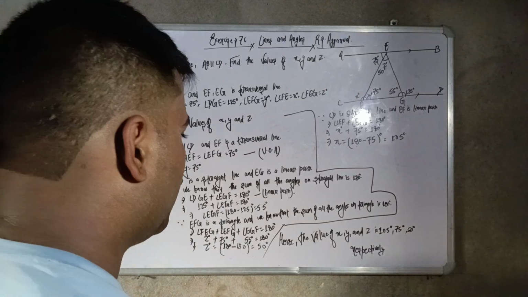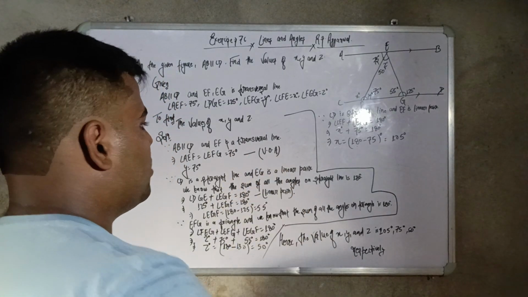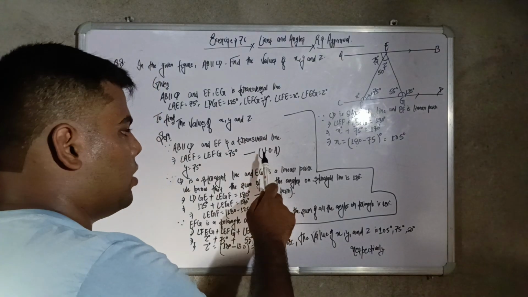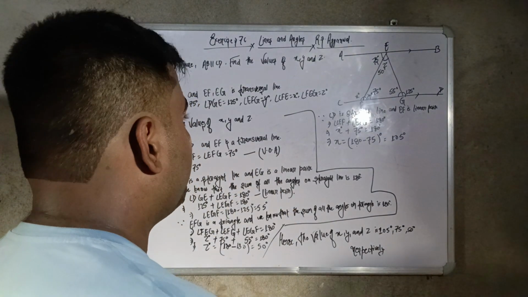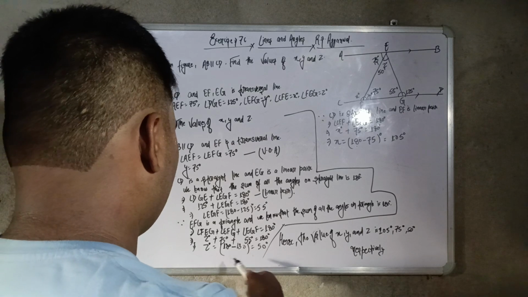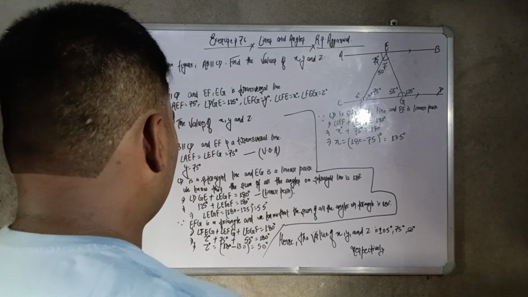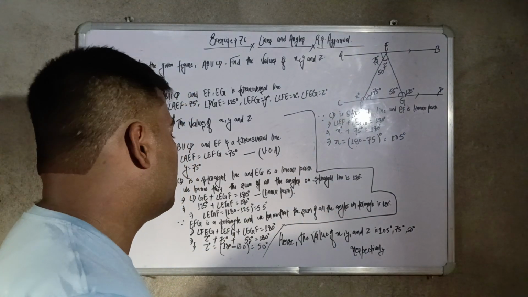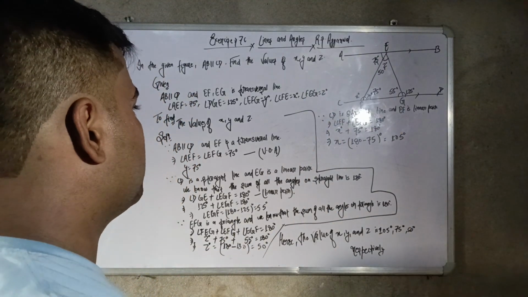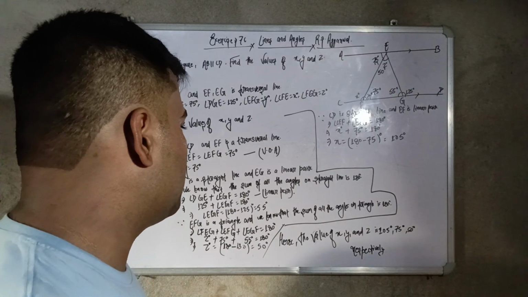Hence we use the properties of angles: first vertically opposite angles, then linear pair, then the triangle angle sum. Three things we use here to get the value of x, y and z.